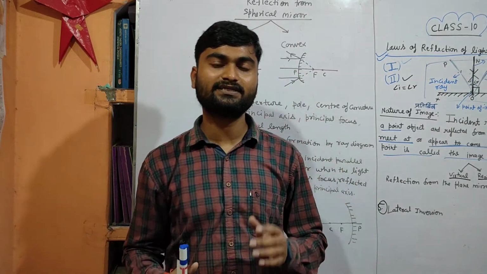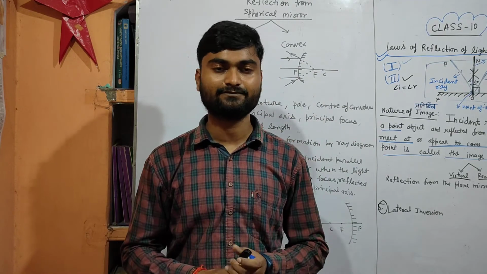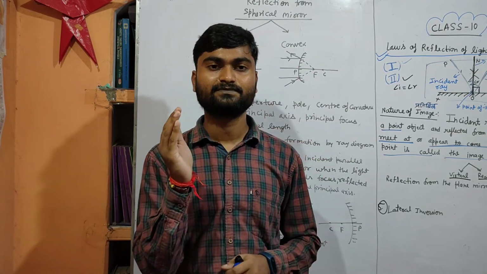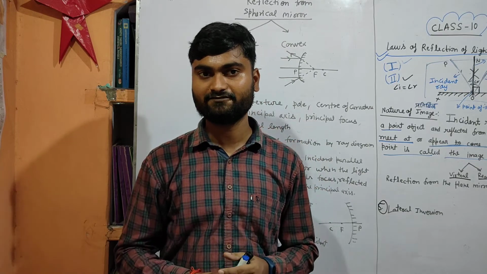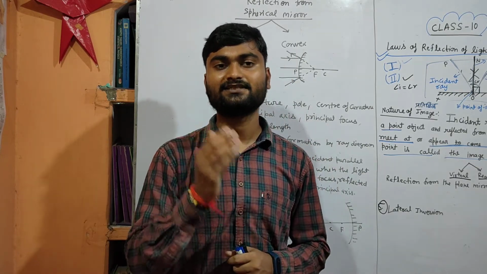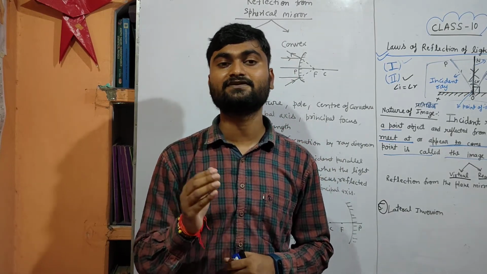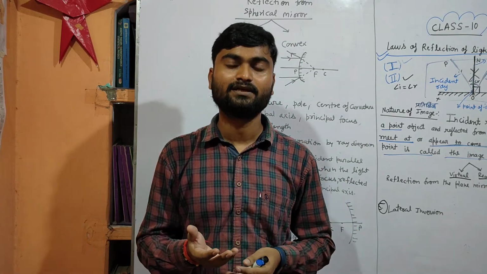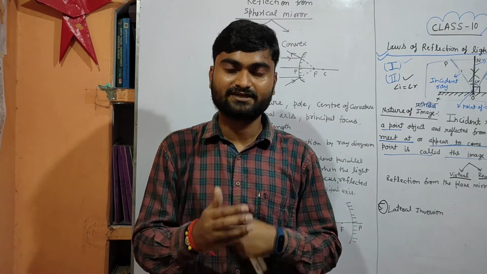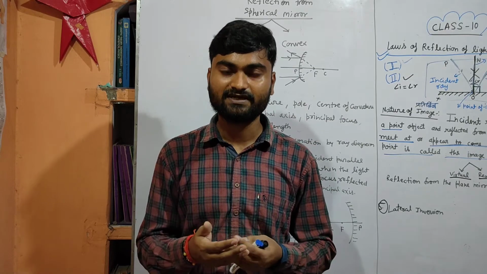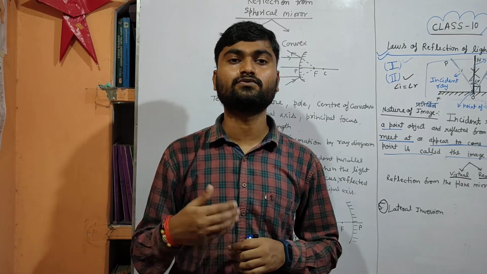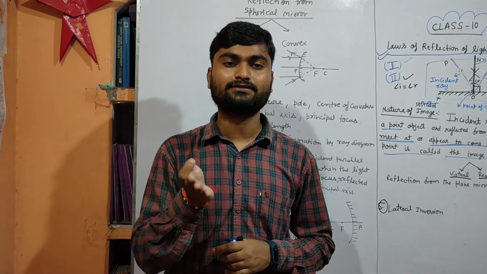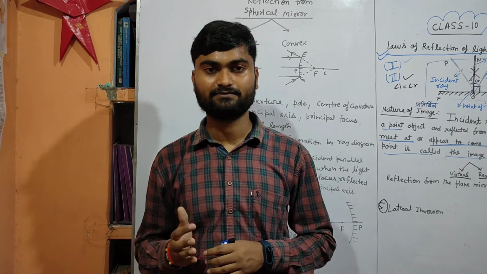Now when we call it convex mirror and concave mirror, when one of the surfaces is a reflecting surface, then this spherical surface is called a spherical mirror, and the surface which reflects light gives its name to that type of spherical mirror.